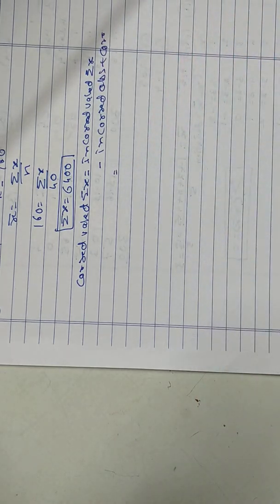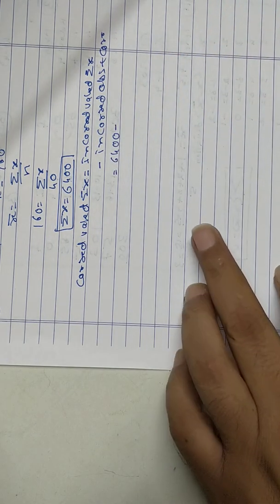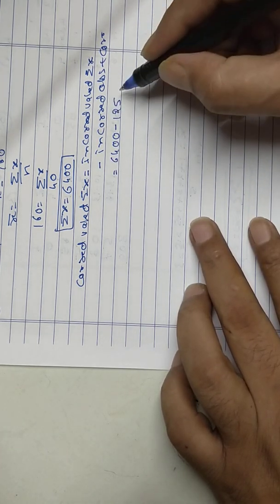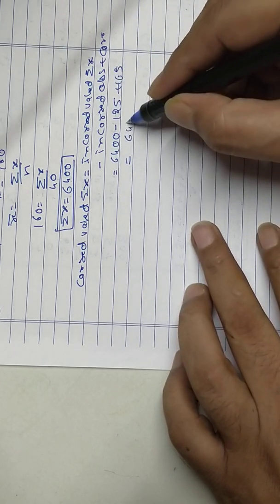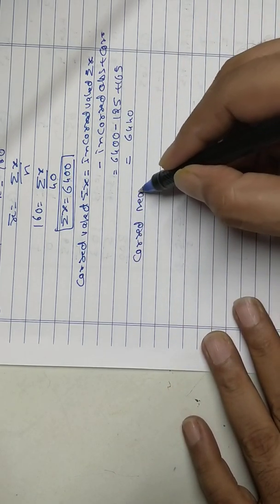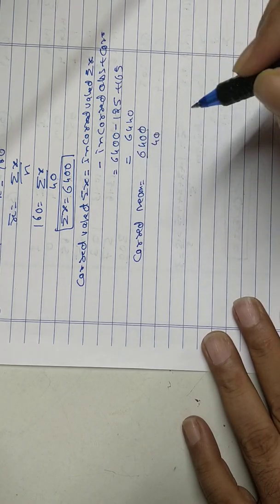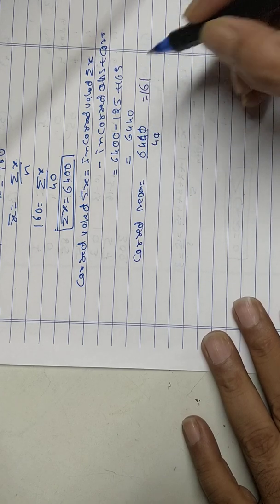Simply, from the total I will subtract the wrong value, then I will add the correct one. So 6,400 minus 125, because that was wrong, plus 165. You get 6,440. So the correct mean is the total divided by the number of observations. My answer is 161.